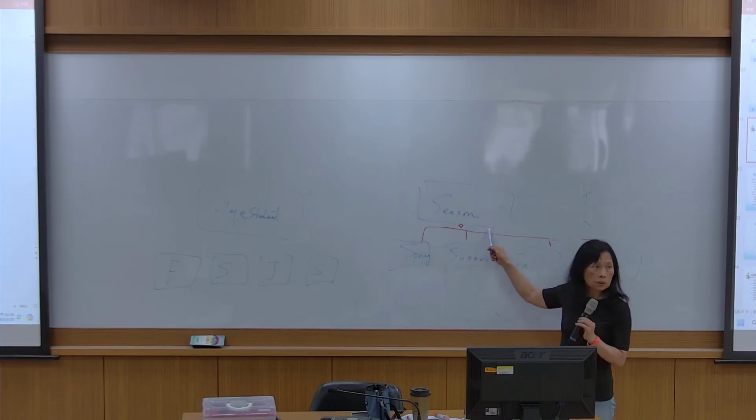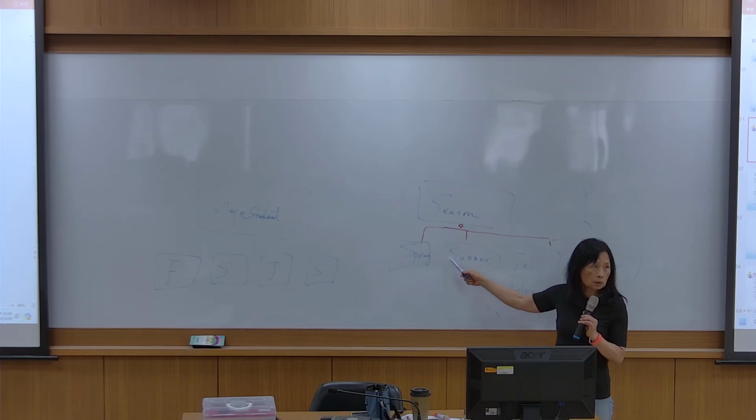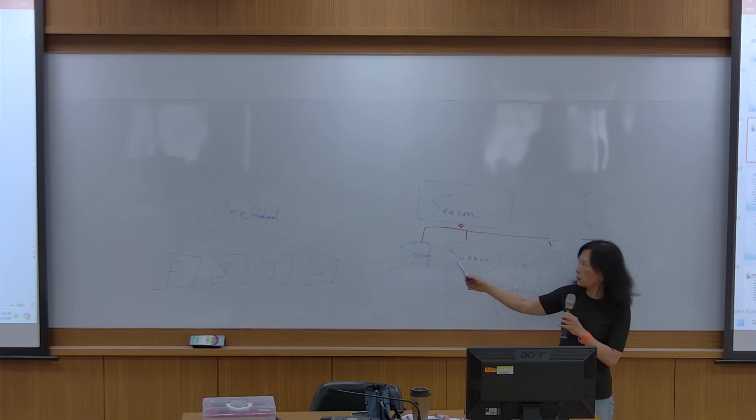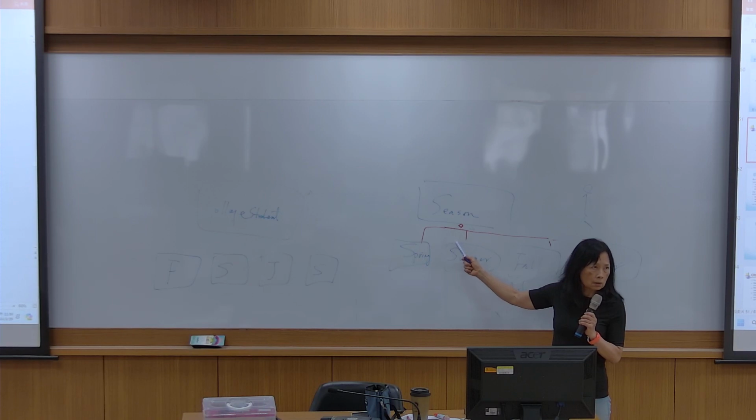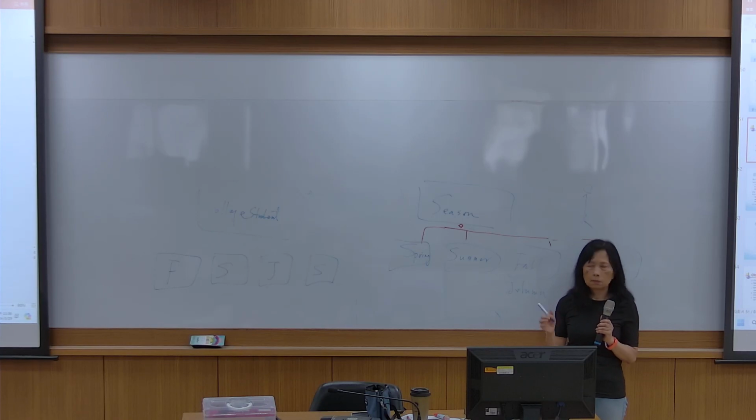So is it inheritance? Yes, I think it's inheritance. Why not a part of it? I think it's not, but maybe it can be, but in my reasoning, I think it is inheritance.